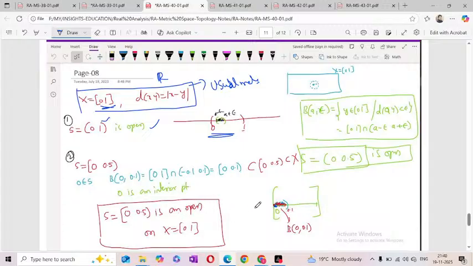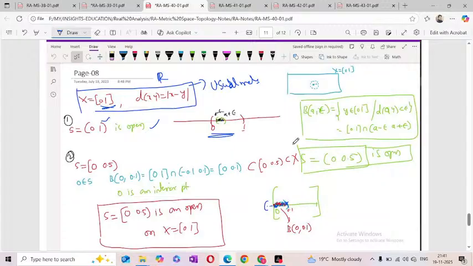Definitely interior, because to form an interval around 0, that means the epsilon neighborhood, that interval must be inside this S. So 0 is an interior point. But what is the left side? Here there is no left side, so the points we have are from 0 to 1 only, so we'll take the interval only on the right side of 0. So in that concept, 0 is an interior point.